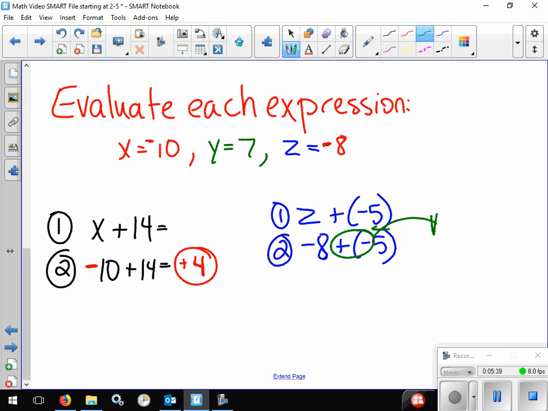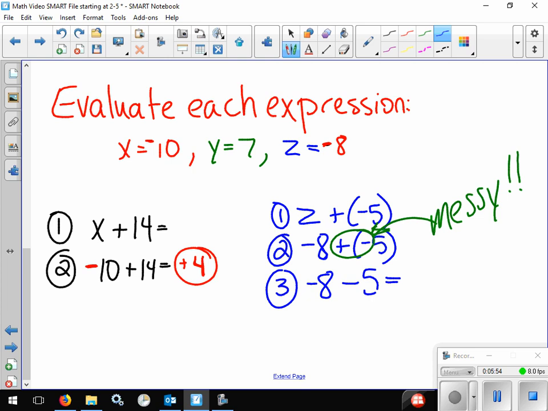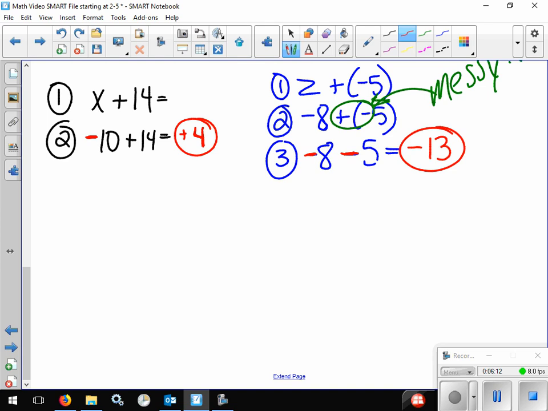So step 3, we fix it. It's negative 8, and when you add a negative, you are just subtracting. So negative 8 minus 5 gives us, remember, negative means you owe me money, so I'm going to write it in red, negative 13. I pause again, hopefully so that you're trying to do these problems with me and thinking this through.